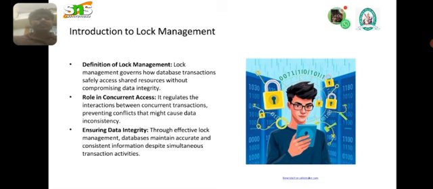Its role in concurrent access is to regulate concurrent transactions, preventing conflicts that might cause data inconsistency, and ensuring data integrity.